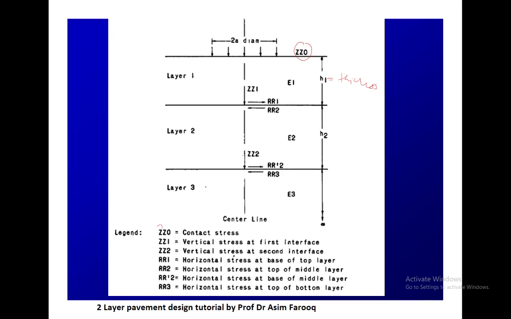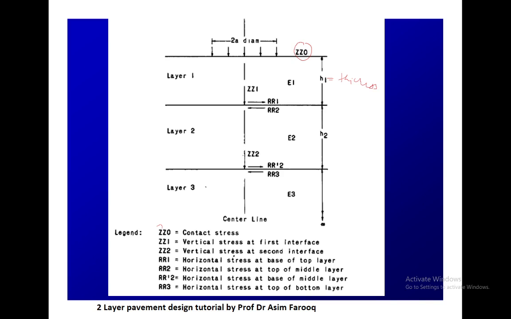Similarly, if we would like to determine the horizontal stresses at the base of the top layer, we determine it with RR1. If we would like to determine the horizontal stresses at the top of the middle layer, the second layer, then we have the value RR2. And if we would like to determine the horizontal stresses at the base of the middle layer, then we come up with RR2 dash.